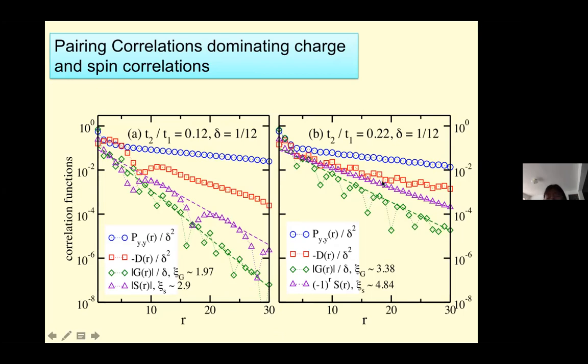That picture remains true, but the correlations get closer as we further increase T2/T1.